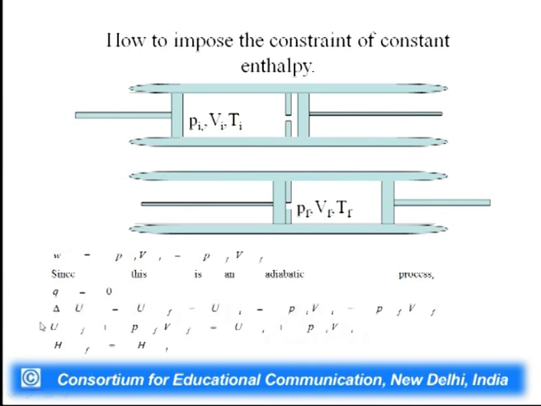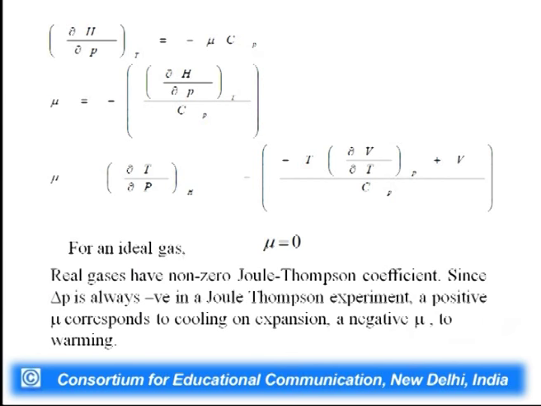Now you see that final enthalpy is equal to initial enthalpy, and thus Joule and Thomson were able to impose the constraint of constant enthalpy. Once you impose the constraint of constant enthalpy, you can always know the temperature change with pressure at constant enthalpy.